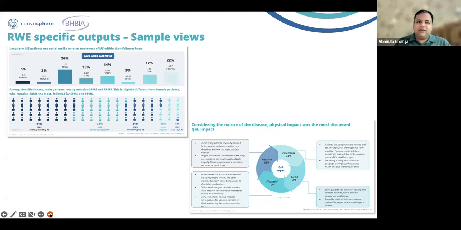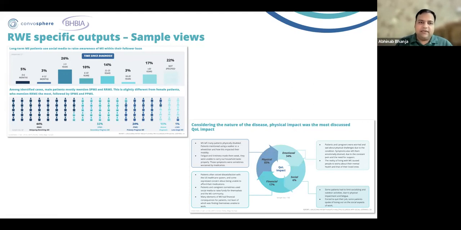So this is an internal study that we did for MS. And if you see over here, as I was describing, we do capture patient behavior in terms of time since diagnosis, so how many months, years, based on the historical data analysis of the patients from the posts that we are getting, and also the disease stage type, and the quality of life impact: physical, emotional, social, financial. And this is just the tier 2 level analysis. We go to tier 3 as well. We don't have that much time to show that entire output, but this is the top level view.